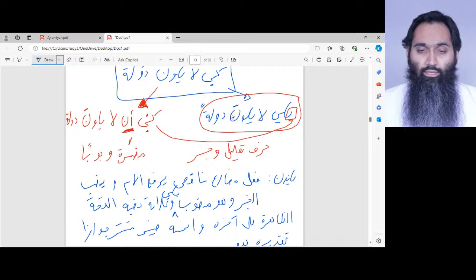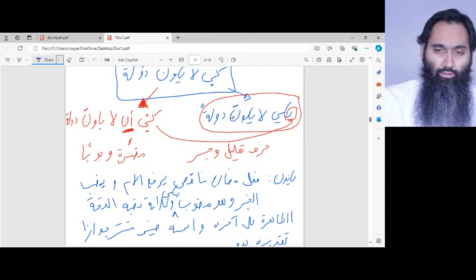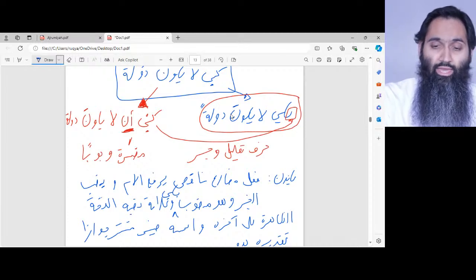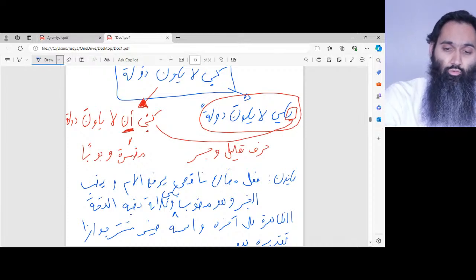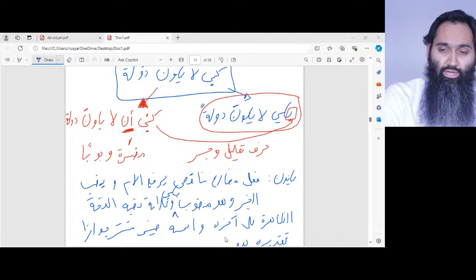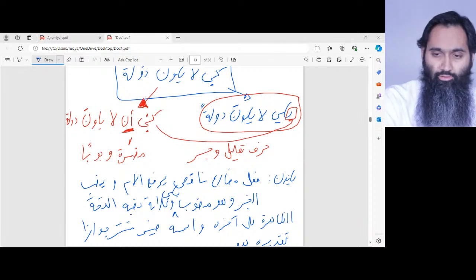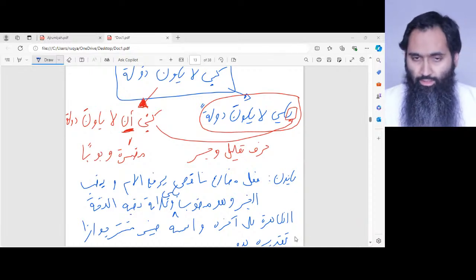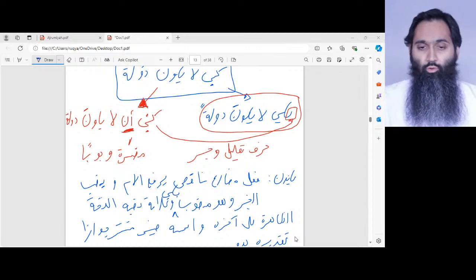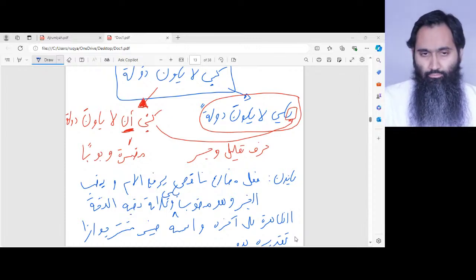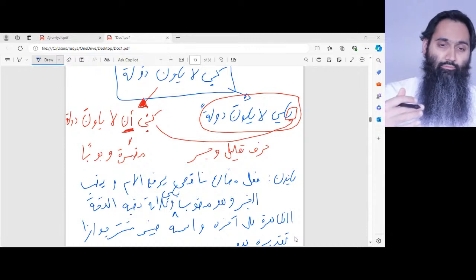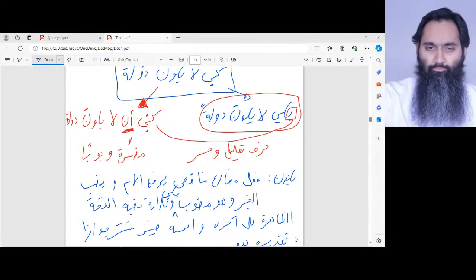Okay, لكي لا يكون دولة. So here, remember la, we said we have to have adam. Yakuna, kana yakunu. What is the masdar of kana yakunu? Who can give me the masdar of kana yakunu? What is the masdar? Ahsant, kaunan. So kaunan is a masdar. Now that has to be mudaf to its ism.